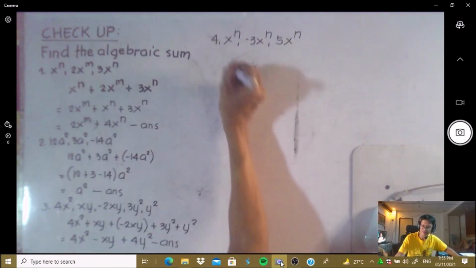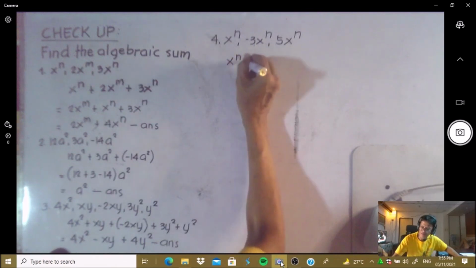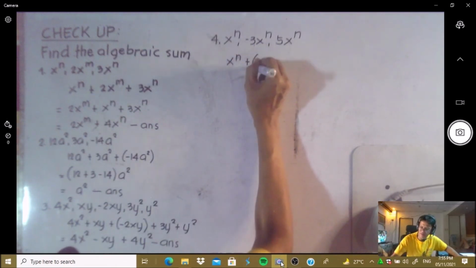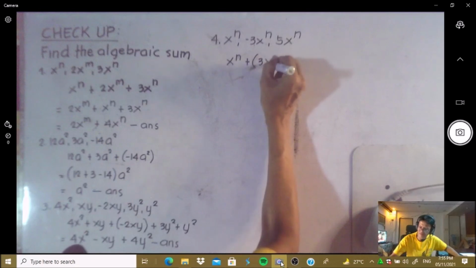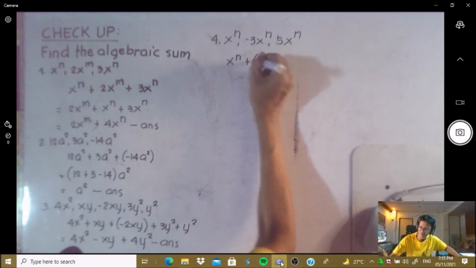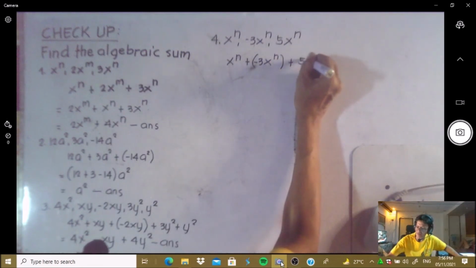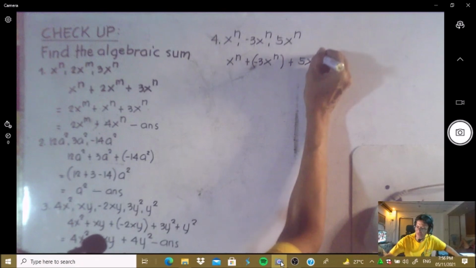Okay, again, so we have x raised to n plus negative 3x raised to n. Okay, this is negative. Then plus 5x raised to n.